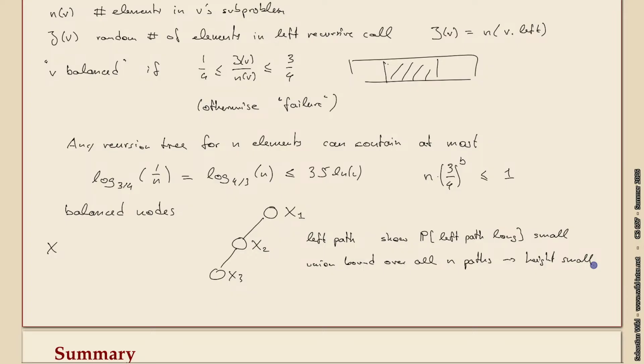So the unquantitative statement is this. That's why we can focus on a single path. And we'll define indicator random variables that the ith node is balanced.